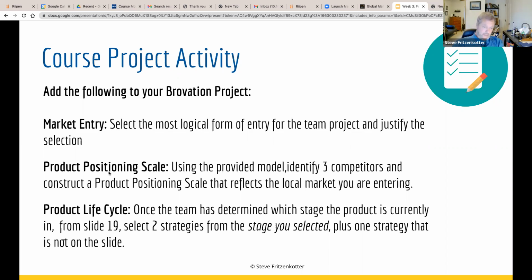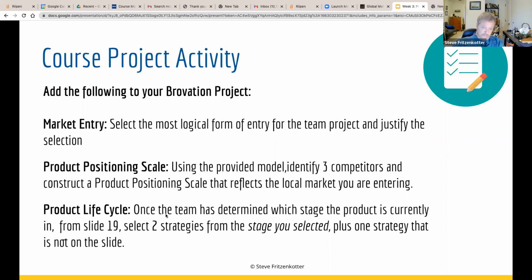And then the product positioning scale, I'm going to ask you to do what I just showed you with the chart, and I'd like you to create a product positioning scale. I have a model you can use, of course, but for your brand and the local market for your brand that you're using.